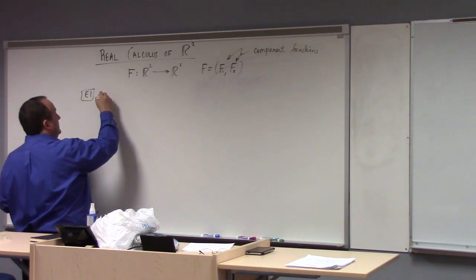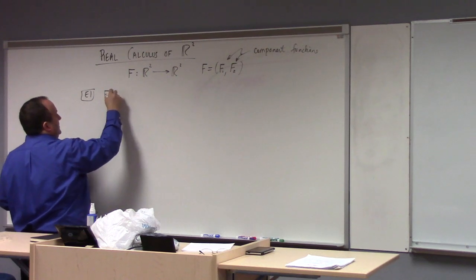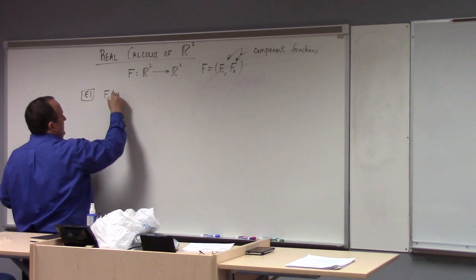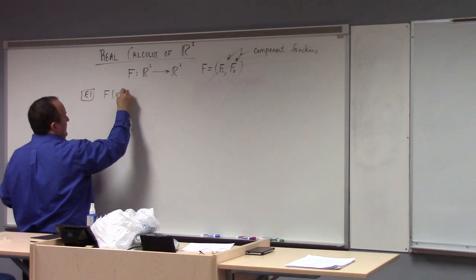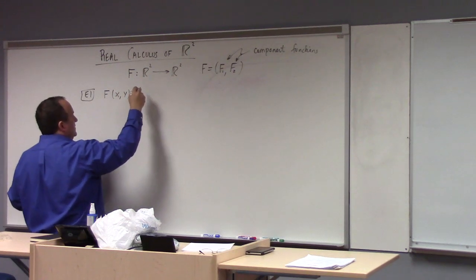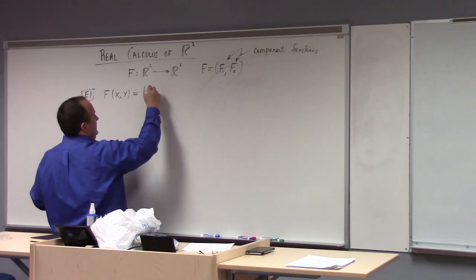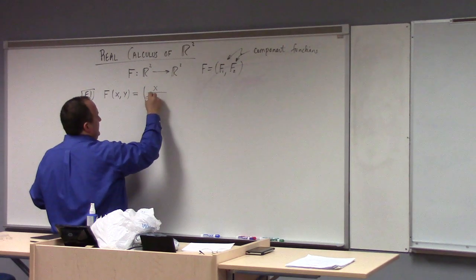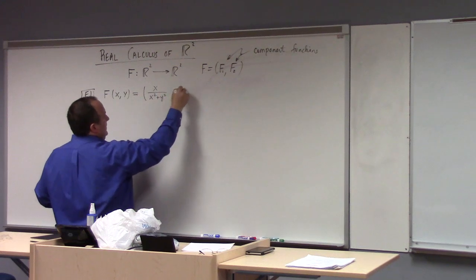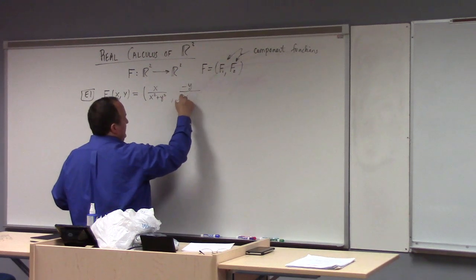Let's look at f of x comma y equal to, let us say, x over x squared plus y squared minus y over x squared plus y squared.